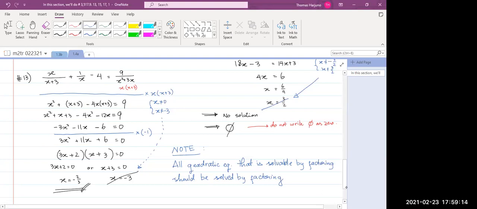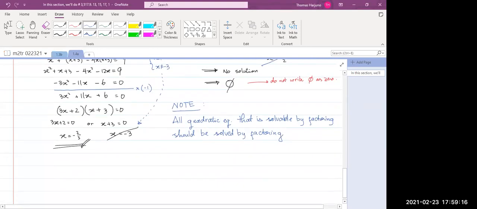One small question. How do we know if a quadratic equation is solvable by factoring?